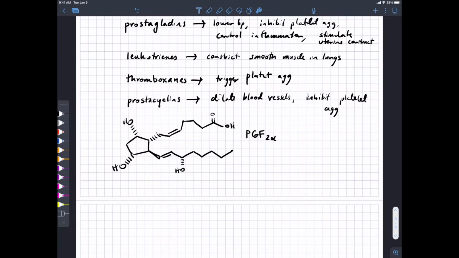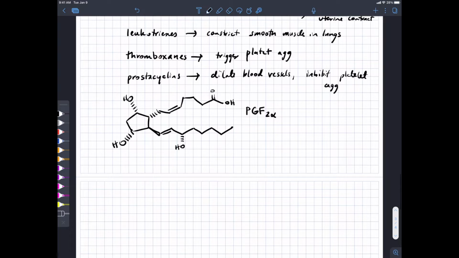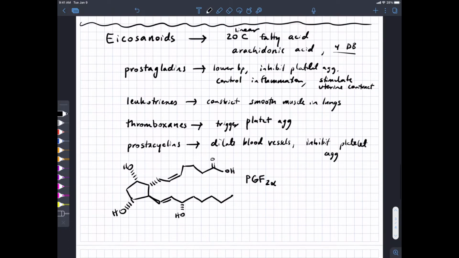Anyway, these prostaglandins, if you think about what has to change with a linear fatty acid that has 4 double bonds, to suddenly have a lot of OH groups and a 5-membered ring, you've got to do some oxidation and some cyclization. And so there's an enzyme that catalyzes this process.